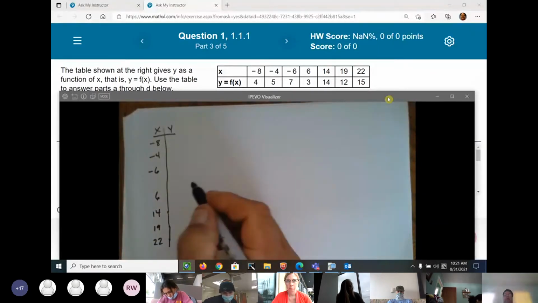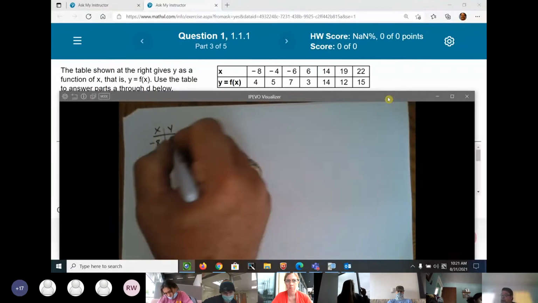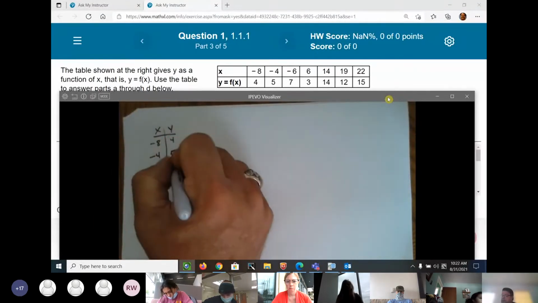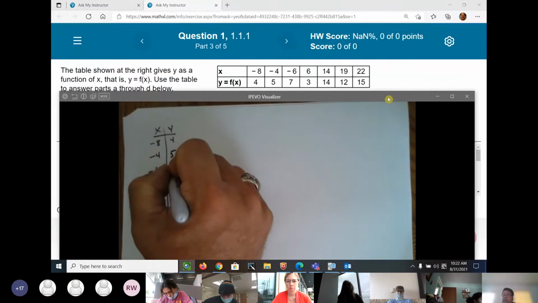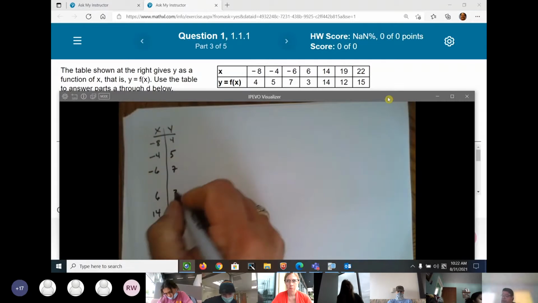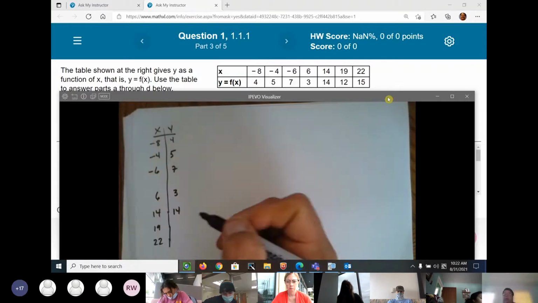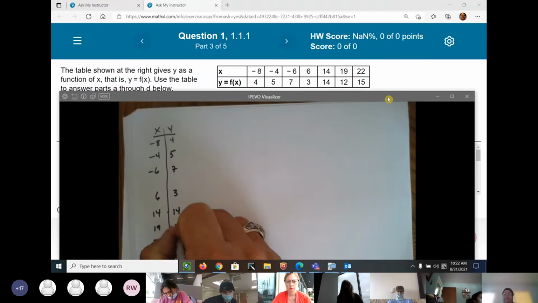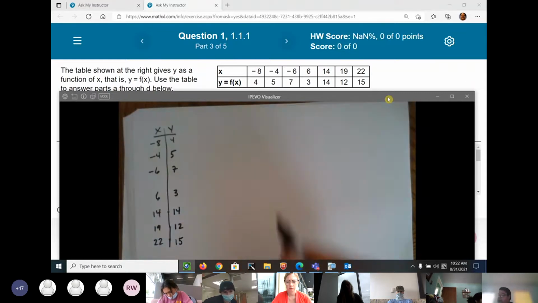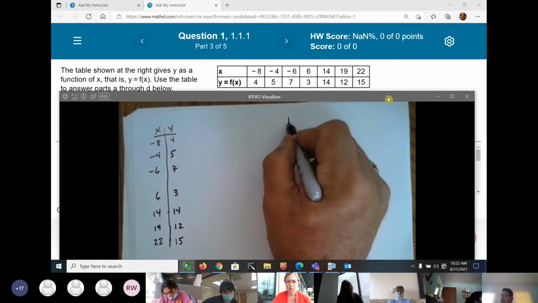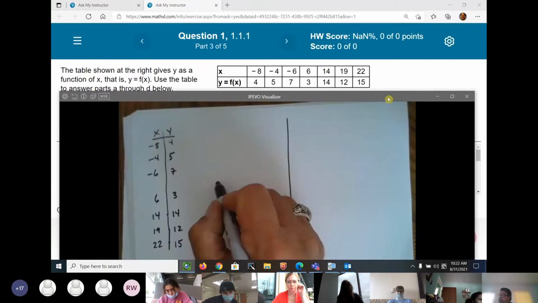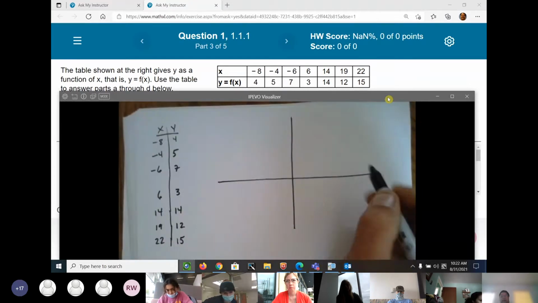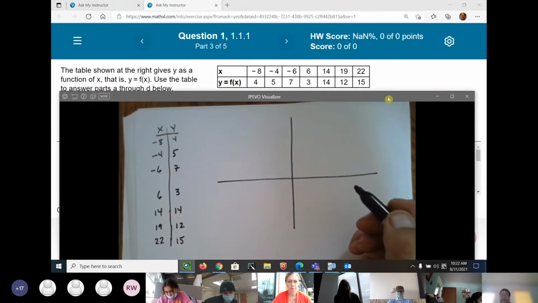And my Y values are 4, 5, 7, 3, 14, 12, and 15. I want to see what this thing looks like before I even start, because that's a good thing.